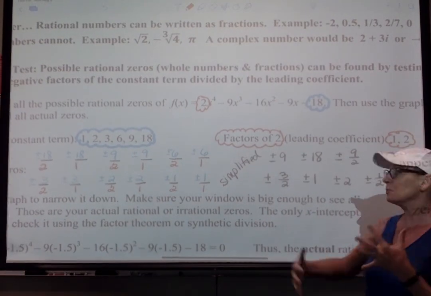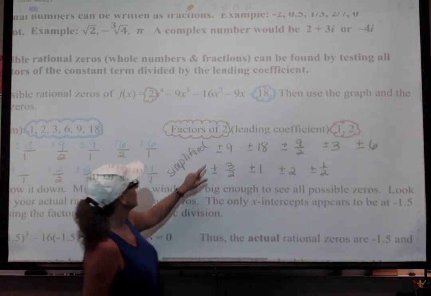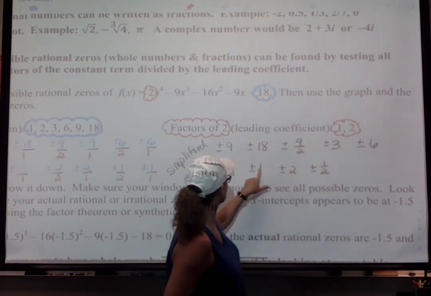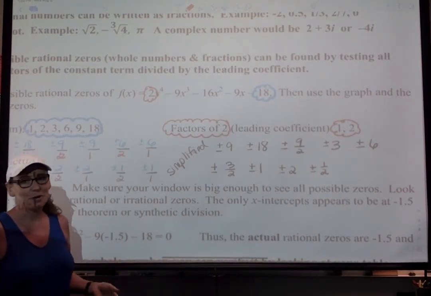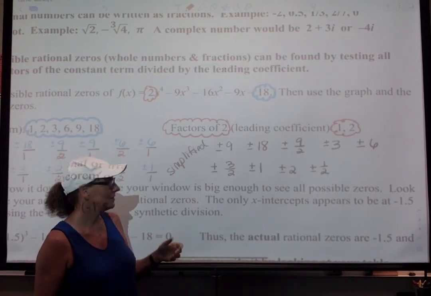So since I had some duplicates in there, really, I only have 18 possibilities, not 24.